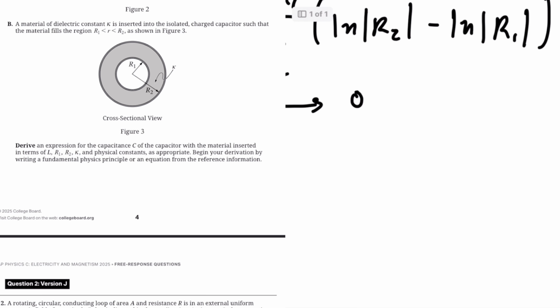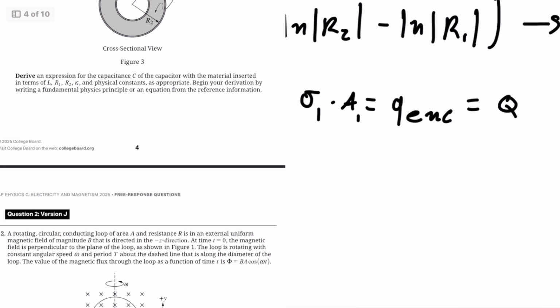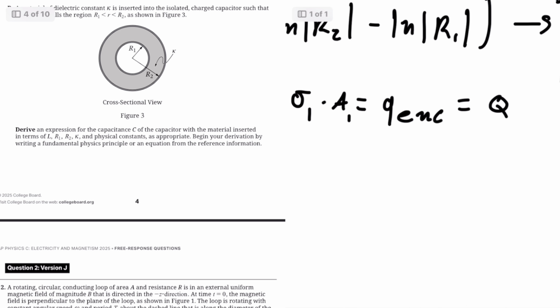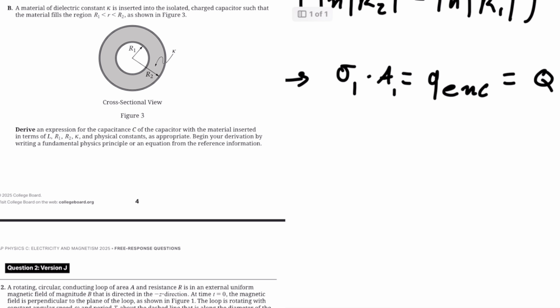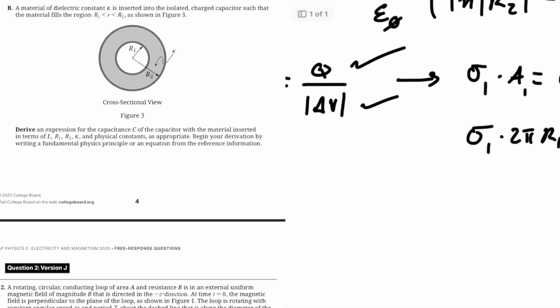As shown earlier, sigma 1 times the plate area, which I'll call A1, is equal to Q enclosed, or big Q, because the charge is the same on both plates. Here they're asking for R1 and R2, so we'll see. So that has to be the charge on both plates. Now I'm just going to write sigma 1 times 2 pi R1 L is equal to Q. Great.